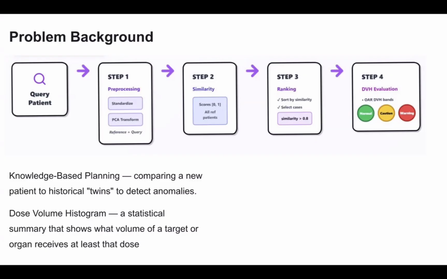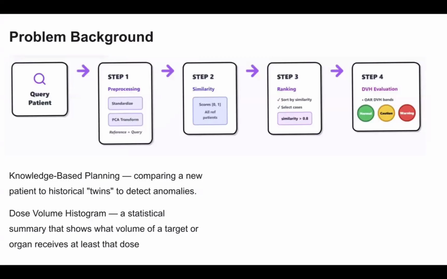So for the retrieved historical twins, we will compute the DVH, also called the dose volume histogram. It is a statistical summarization that shows what volume of an organ received at least that dose. We'll then compare the query patient's DVH against the distribution of the DVHs from the similar ones.